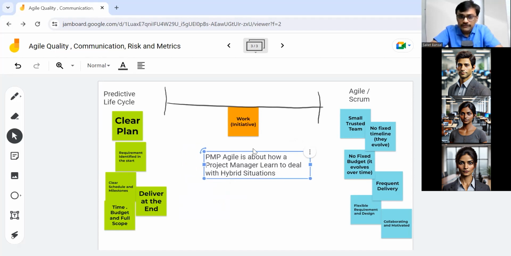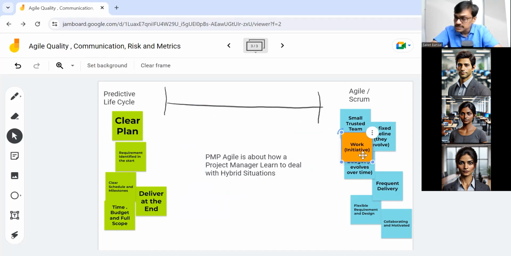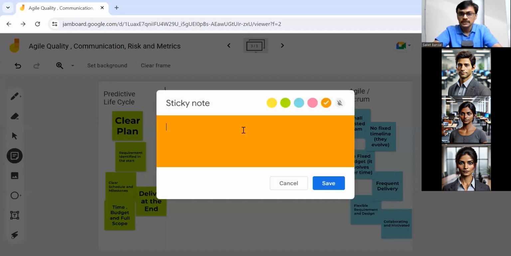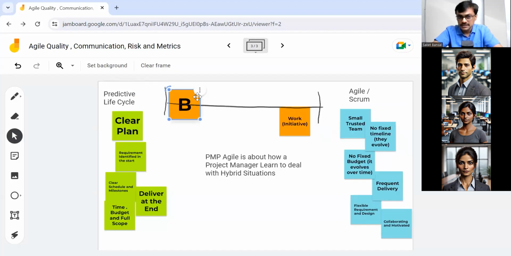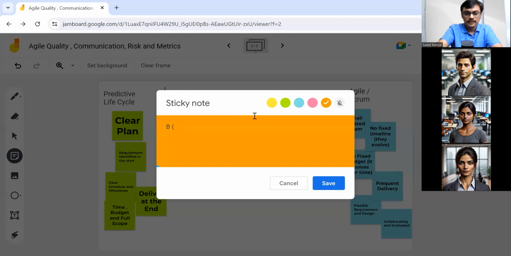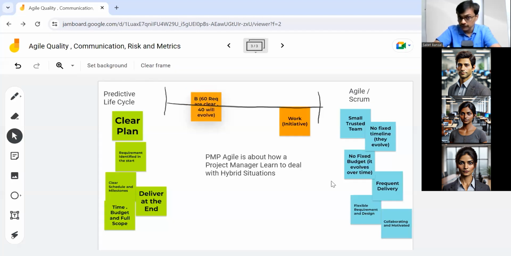Now, for this hybrid, we cannot tell you to do this, because one hybrid and another hybrid will have a different process. Somebody is working like this, where maybe 60% of requirements are clear, but 40% will evolve. That could be one type of hybrid.